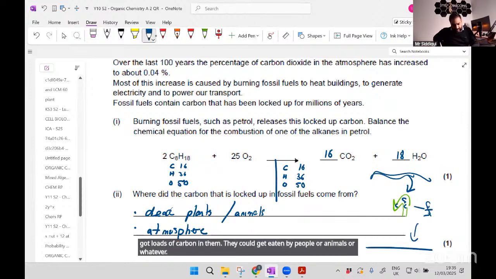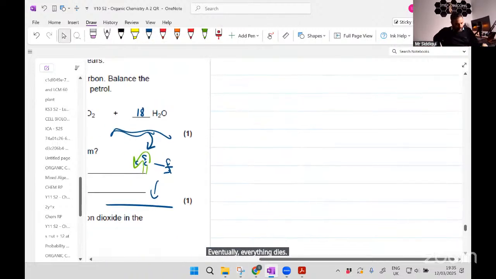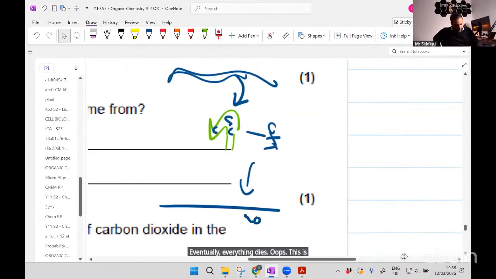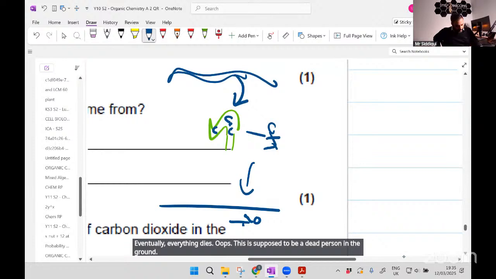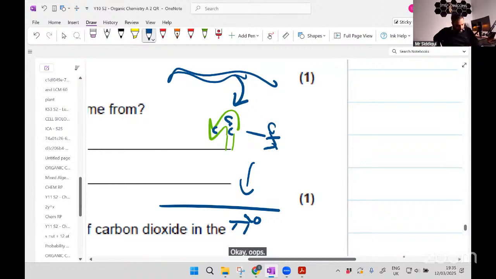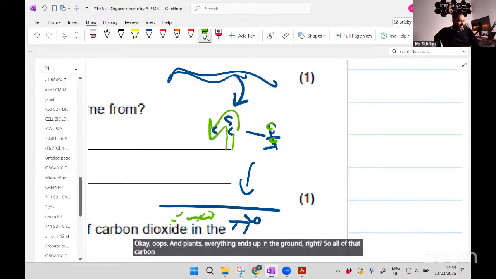Eventually, everything dies. Oops, this is supposed to be a dead person in the ground. Okay, there we go. And plants, everything ends up in the ground. So all of that carbon, which originated in the atmosphere, got taken in by plants for photosynthesis.